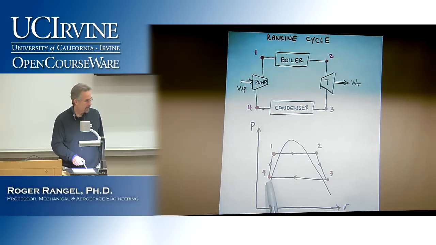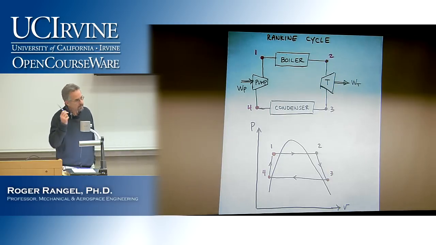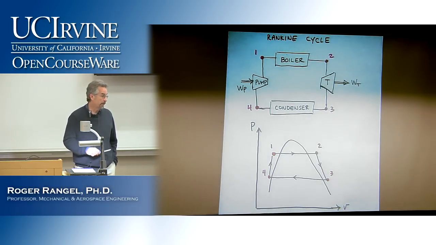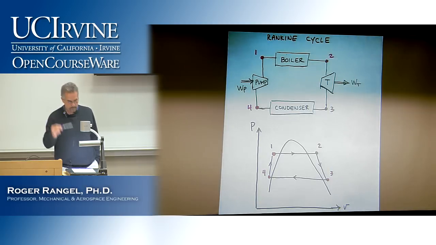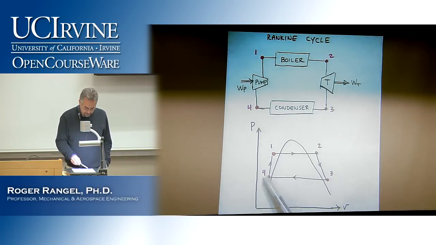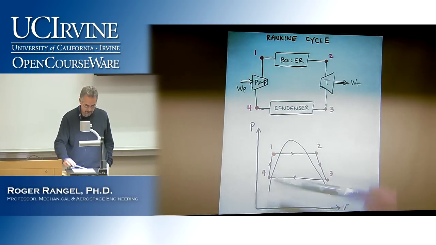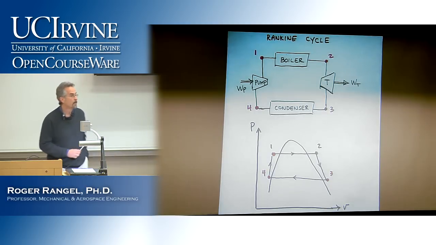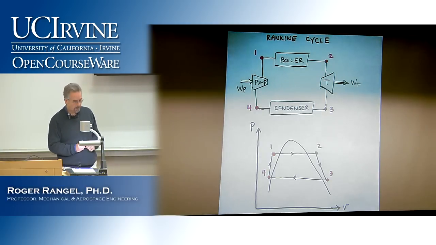It will typically come out as compressed liquid 4. Or in a simplified scenario, it may also come back as saturated liquid right on the dome line. And then again, going through the pump from 4 to 1, we have a liquid, and all we're doing is increasing the pressure from the low pressure to the high pressure. So this is a simple Rankine cycle.